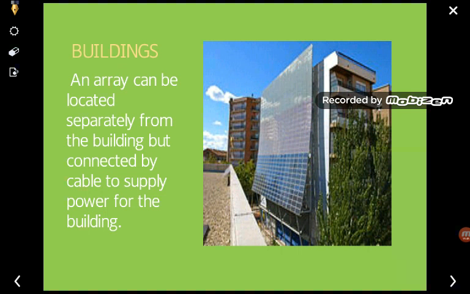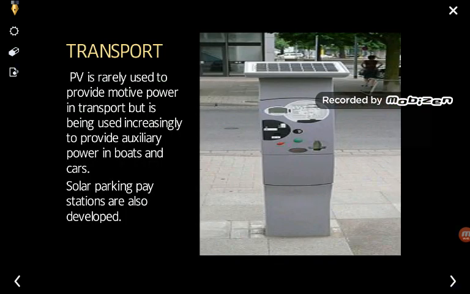It can be utilized in buildings also, and here in case of transportation, PV is rarely used to provide motive power. ट्रांसपोर्ट में मोटिव पावर के लिए बहुत कम यूटिलाइज किया जाता है, but it is being used increasingly to provide auxiliary power in the boats and the cars. मतलब ऑक्सिलरी पावर्स के लिए इसे यूटिलाइज किया जा सकता है. Solar parking stations are also developed in many countries.